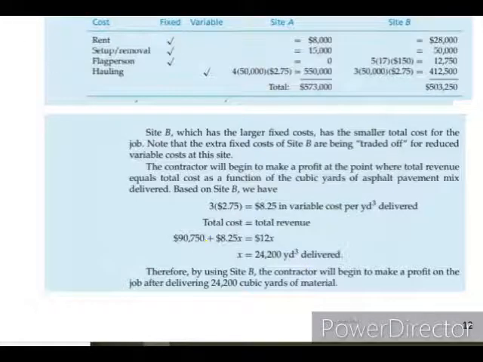So by using site B, the contractor will begin to make a profit on the job after delivering 24,200 cubic yards of material. So that's it. We know the amount of cubic yards of material that the work should accomplish before making a profit.